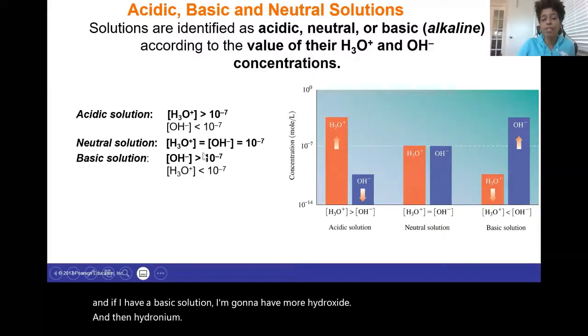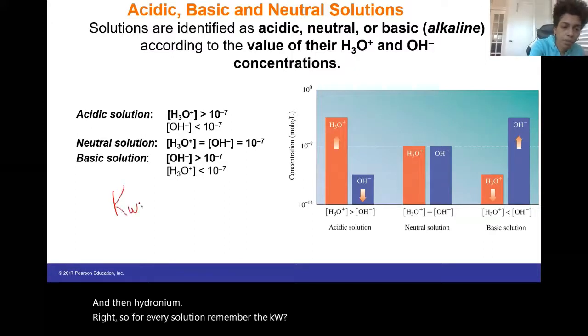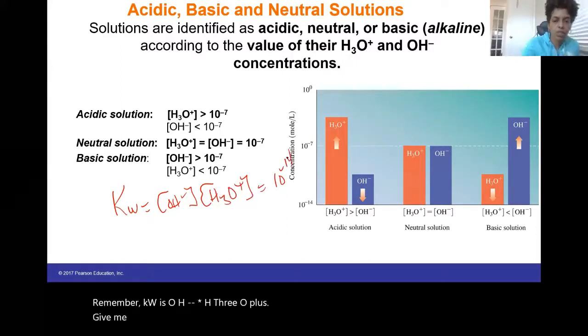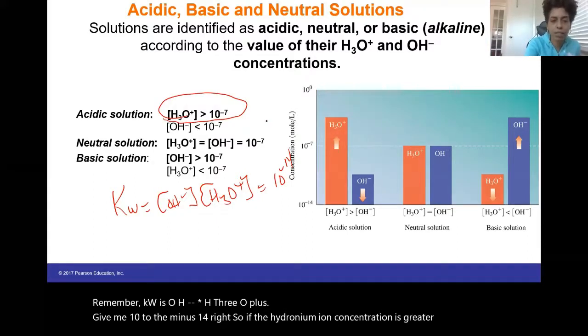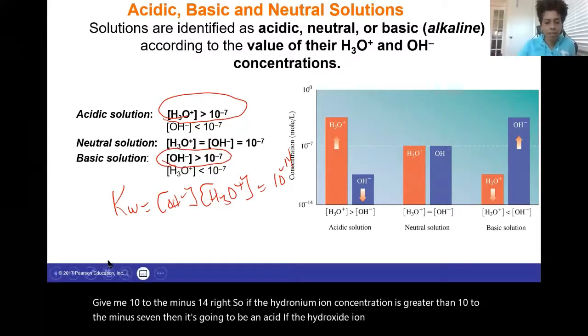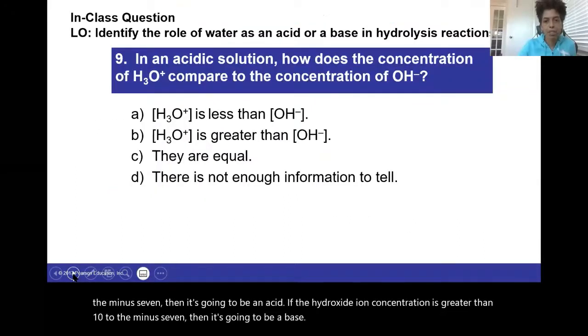So for every solution, remember Kw: OH minus times H3O plus gives me 10 to the minus 14, right? So if the hydronium ion concentration is greater than 10 to the minus 7, then it's going to be an acid. If the hydroxide ion concentration is greater than 10 to the minus 7, then it's going to be a base.